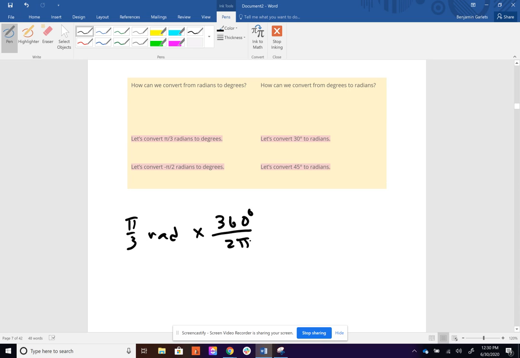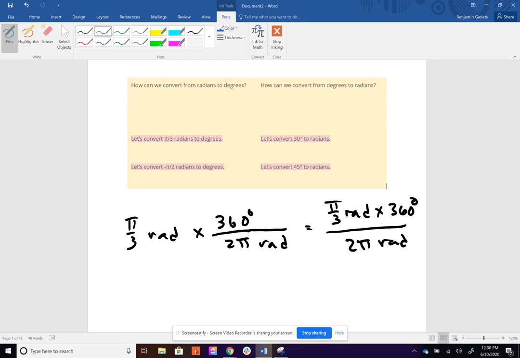Then I can multiply these out. In my numerator, I'm going to get pi over 3 times 360. I'm going to write this all out just for the sake of it, and then you'll get used to how this happens. In my denominator, I have 2 pi radians. And then you can begin to simplify.